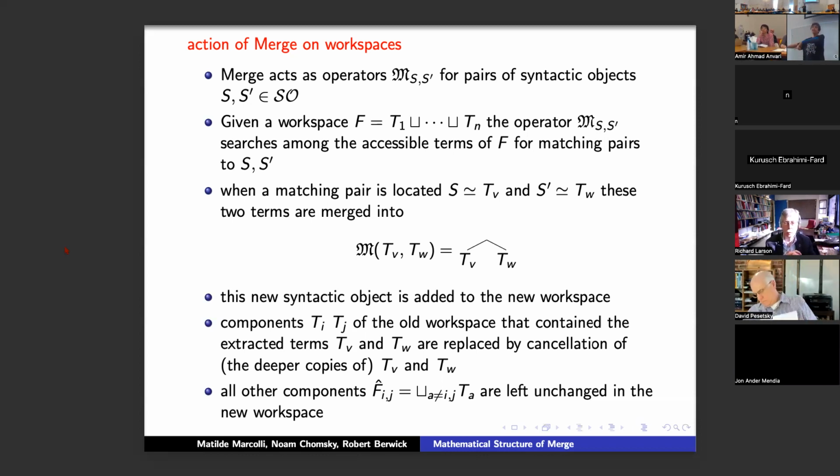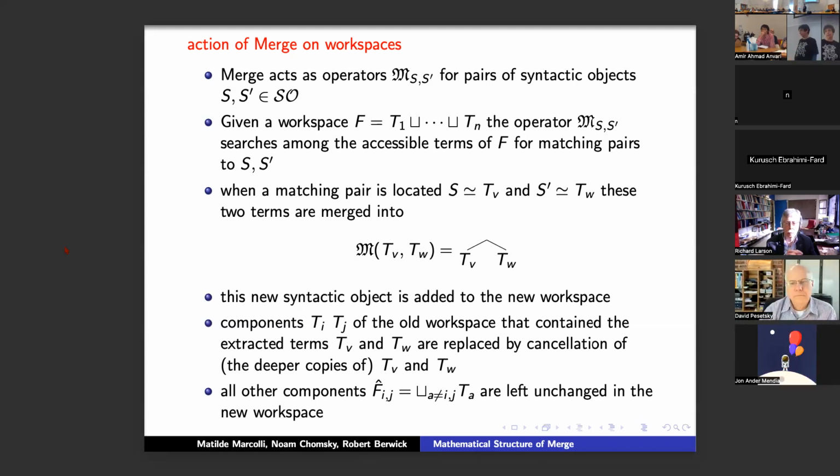Now I cancel the ones that I found, and so I keep only what's left of the places where I found the syntactic objects I used, and everything else in the workspace that's not been affected by this operation remains the same. Okay, so this is the usual description.